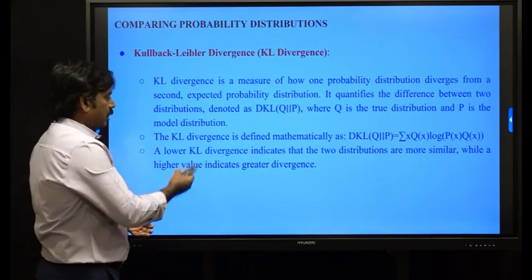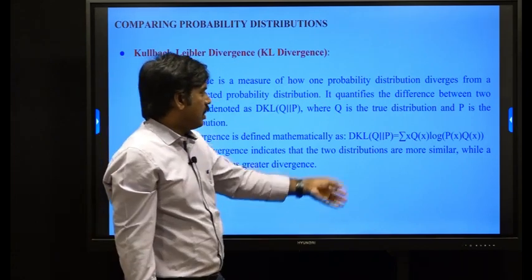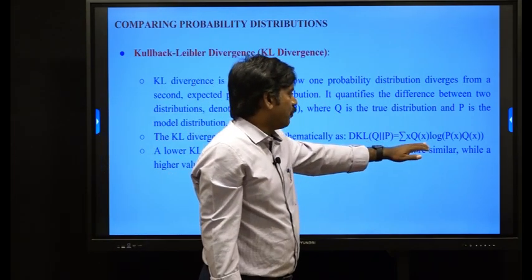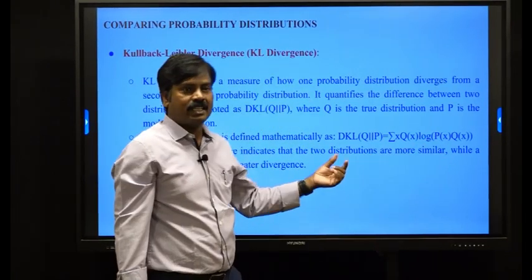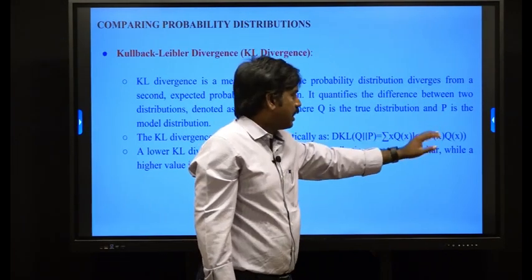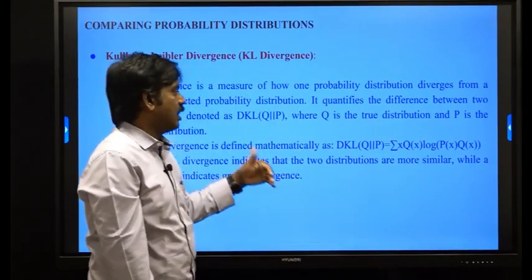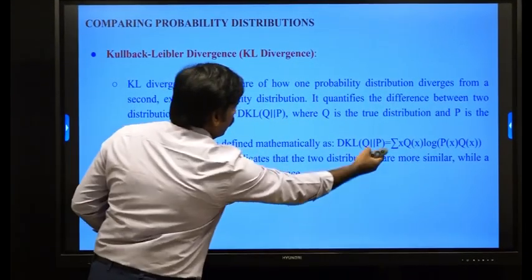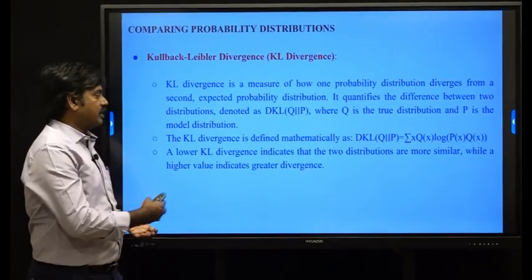The KL divergence is defined mathematically using the formula sigma over x of q(x) log of q(x) divided by p(x). Here x is the sample, p is the model generated data distribution, and q is the actual distribution. Using this formula we calculate the cross entropy or KL divergence value.